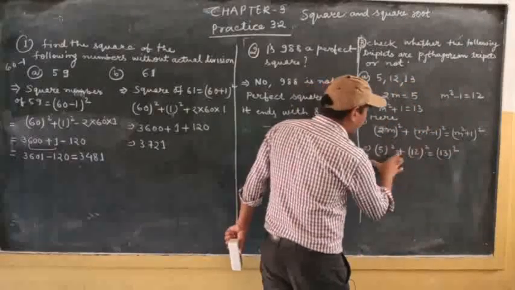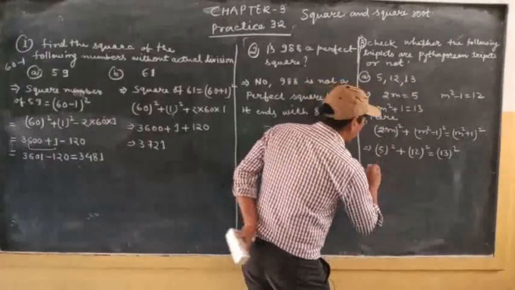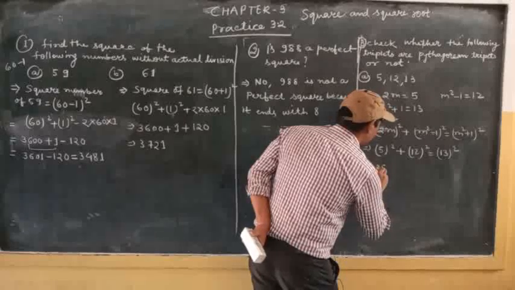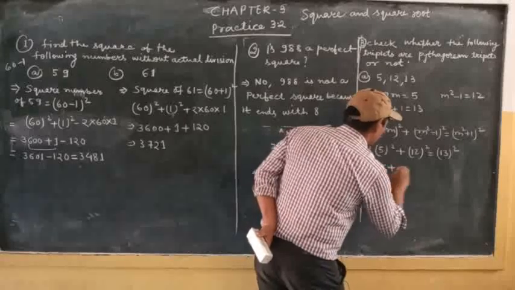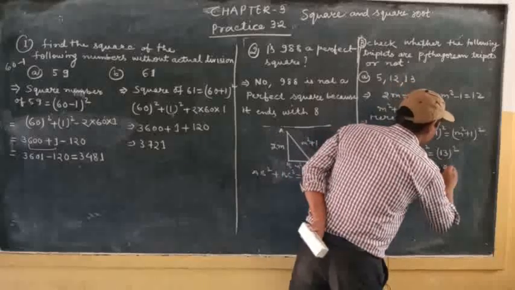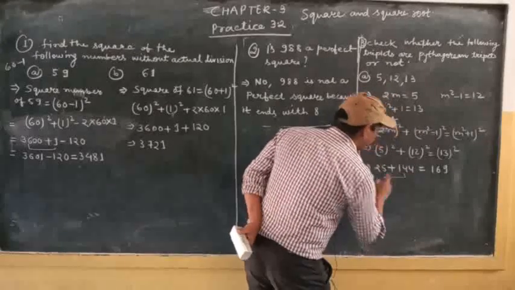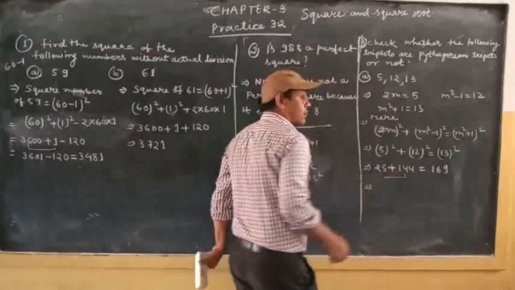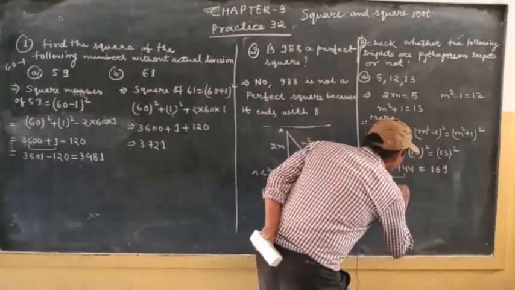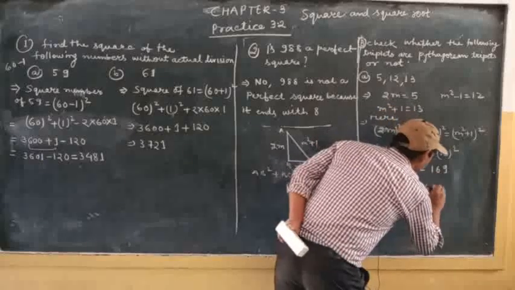This is the LHS and that is the RHS. So the square of 5 is 25, the square of 12 is 144, and the square of 13 is 169. We add both numbers together. The sum of 25 and 144 is equal to 169, and the right-hand side is also 169.